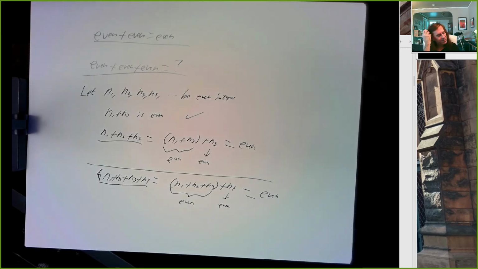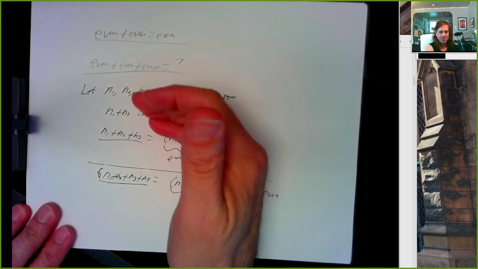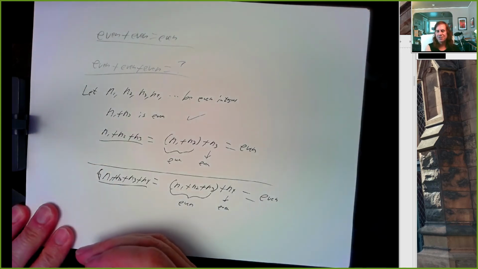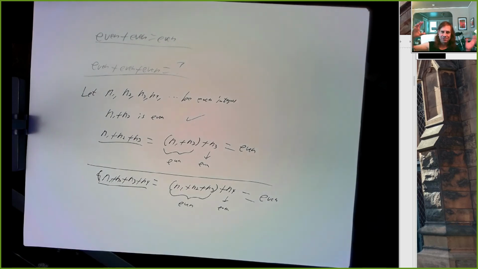It would. Because suppose I give you a question on a test, prove that the sum of 1,000,000 even numbers is an even number. You could do this approach, but it would take you 1,000,000 sections on your paper to get all the way up to 1,000,000 even numbers being added together.